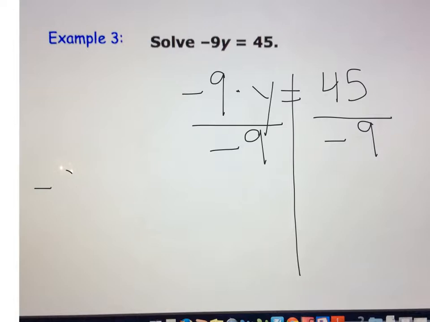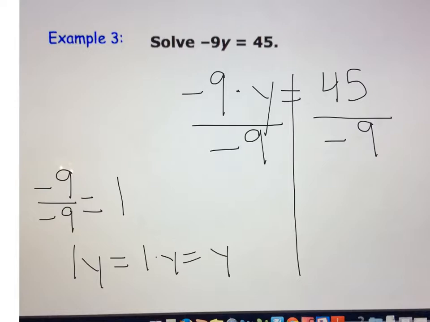Now, in the last example, we learned that when you have a numerator and a denominator that are the same, they will equal 1. We also learned that 1y means 1 times y, which is the same as y. So we can cross off our negative 9s to equal 1, which is going to leave us with a y.